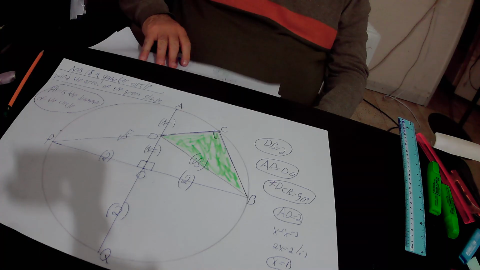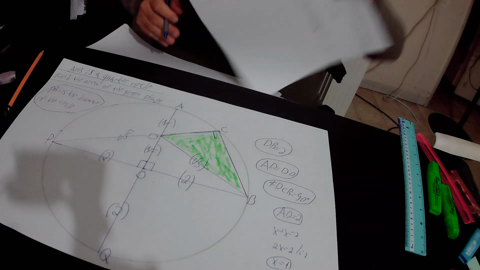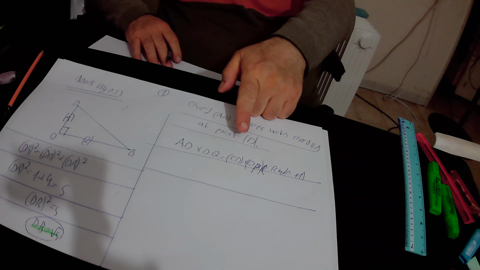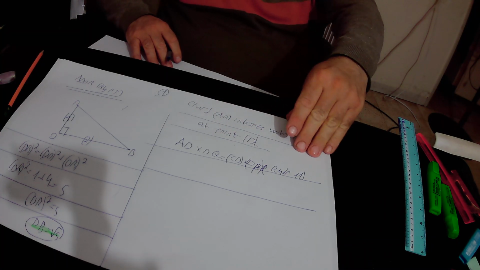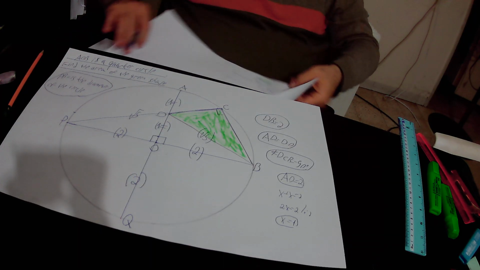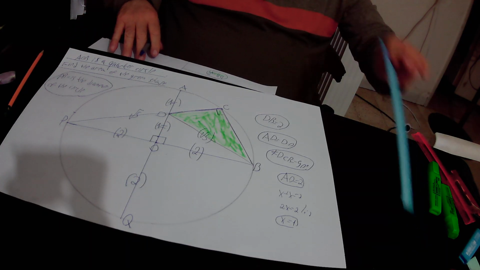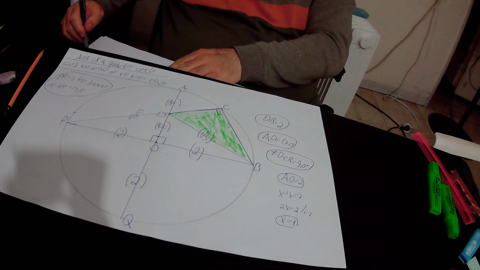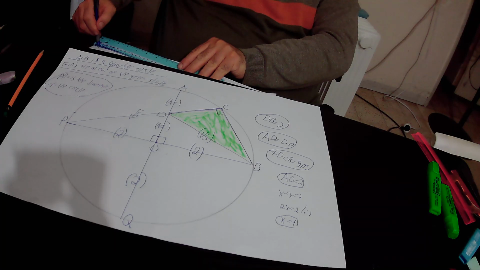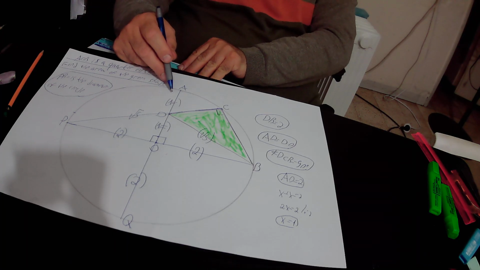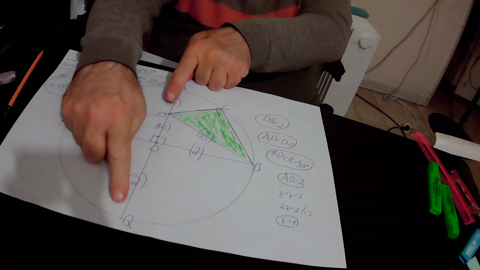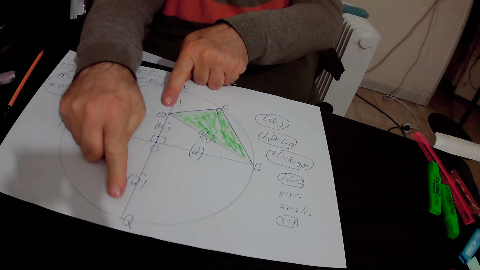According to rule 11, we know that AD times DQ equals CD times DP. AD equals 1, times DQ. DQ in total equals 1 plus 2, that is 3.